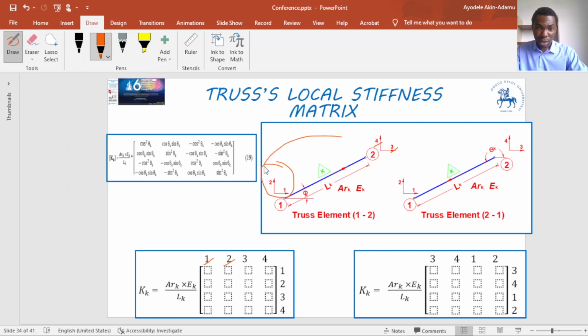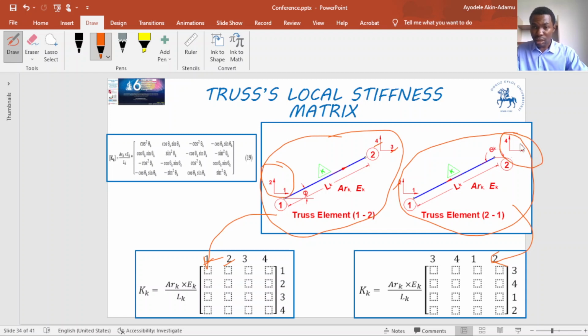So this truss definition is for this matrix, while this truss definition here is for this matrix. You can see here, because the arrowhead points from node 2 to node 1, it means we will take the degree of freedom at node 2 first. That is 3, 4.